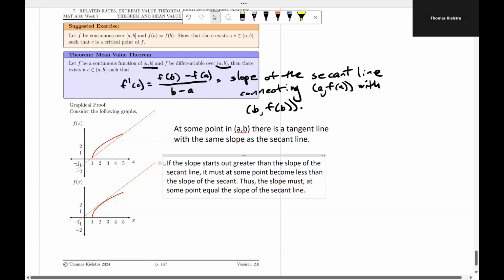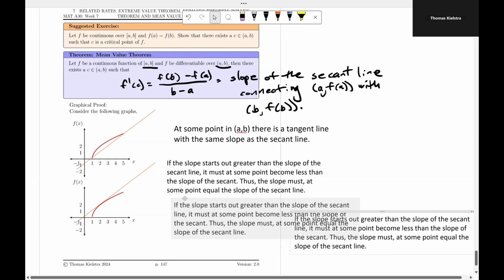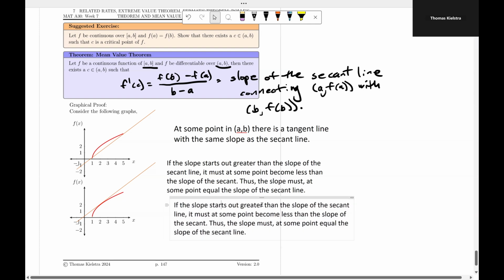So we can actually copy it and paste it. Now we're going to change it slightly: if it starts out less than the slope of the same secant line, at some point the slope becomes greater than the slope of the secant line. This slope must at some point become equal because it goes from less to greater.